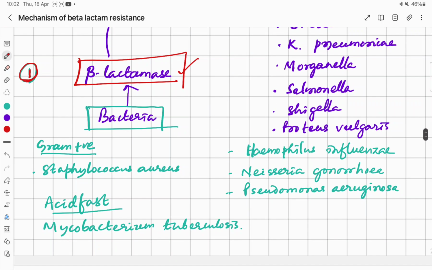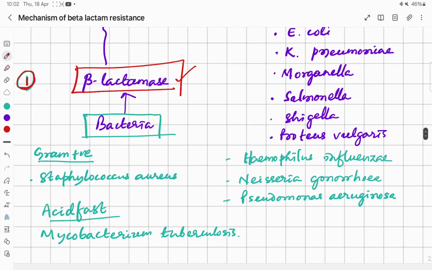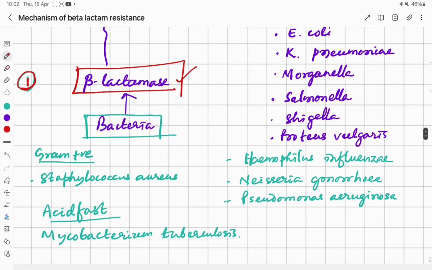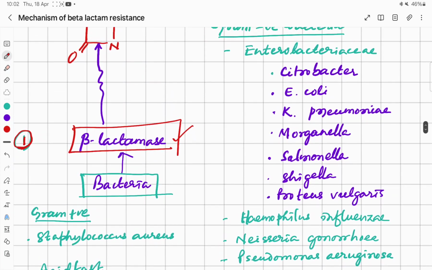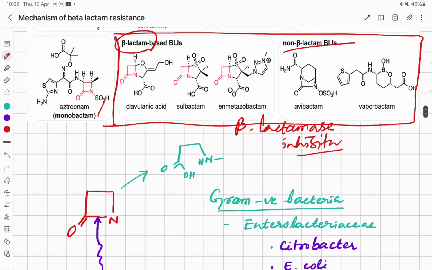So the first mechanism is beta lactamase, because the bacteria can produce beta lactamase. Production of beta lactamase by bacteria to destroy the beta lactam ring is the first or major cause of resistance. We can prevent that by combining a beta lactam antibiotic with a beta lactamase inhibitor. For example, amoxicillin plus clavulanic acid.